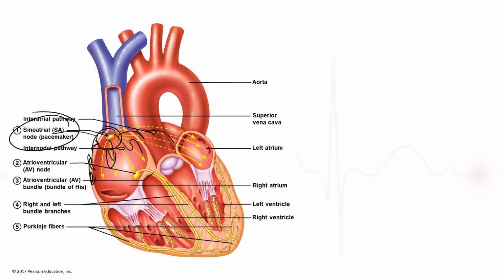The action potential moves from those contractile fibers into the next contractile fibers that those contractile fibers are attached to, and then those next contractile fibers generate an action potential. And then the action potential progressively propagates through all of the contractile cardiac muscle fibers of the heart.